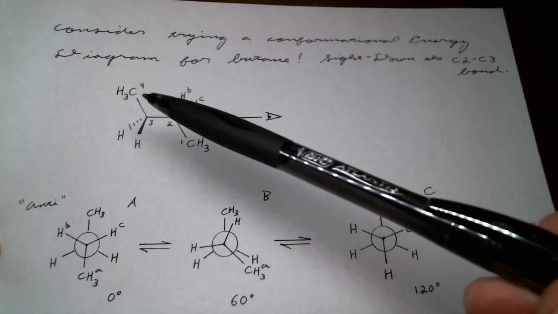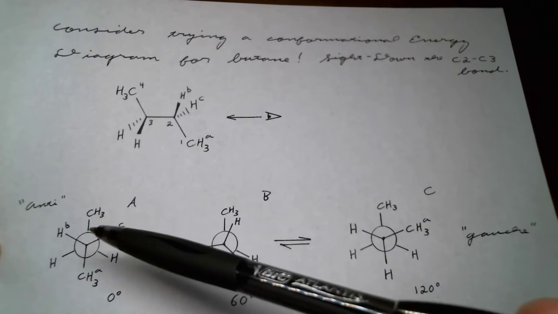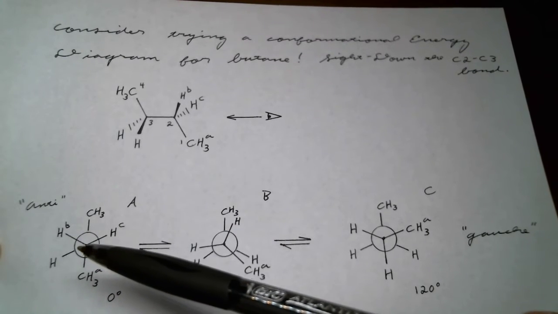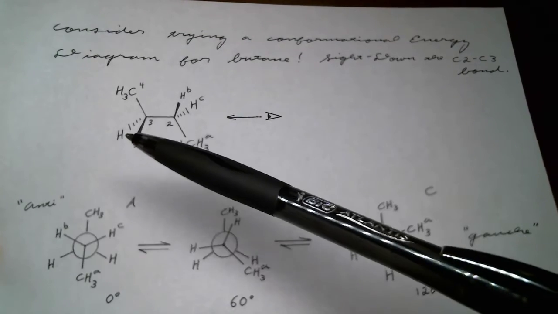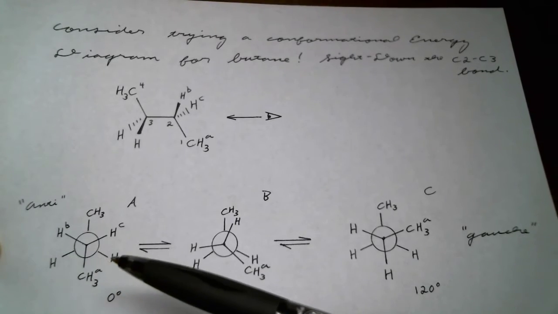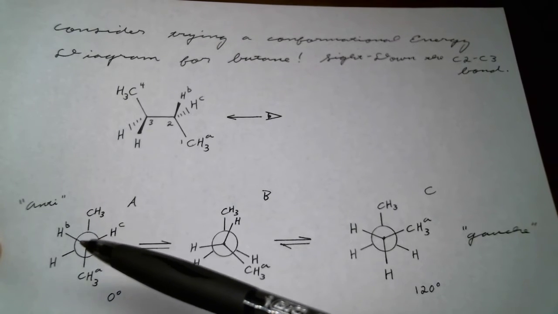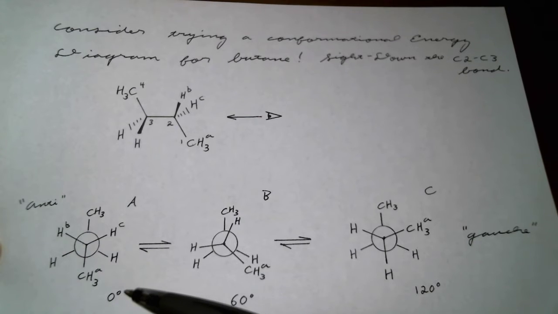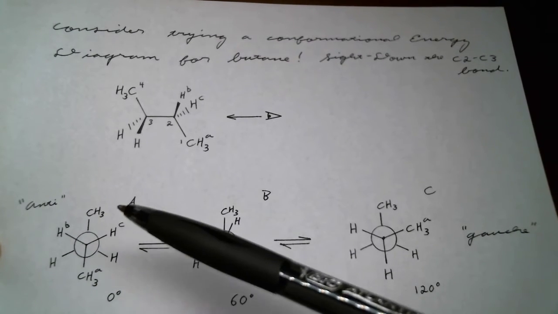This fourth carbon in our molecule, that methyl group, is pointing straight up, staggered between HB and HC. And then we have these two hydrogens respectively on our staggered conformation. Now we call this an anti form of butane because the methyl groups are opposite each other.